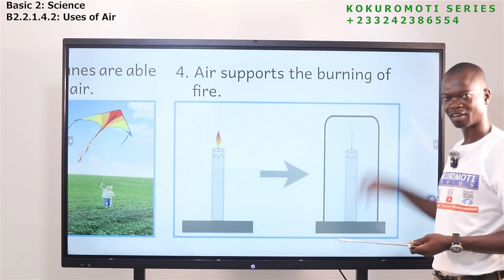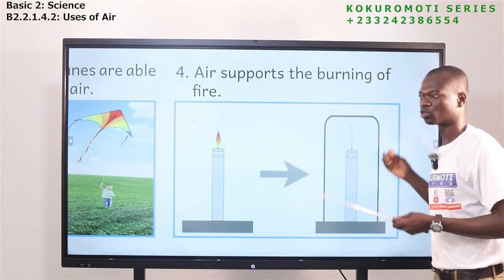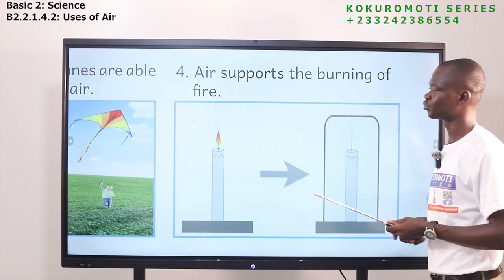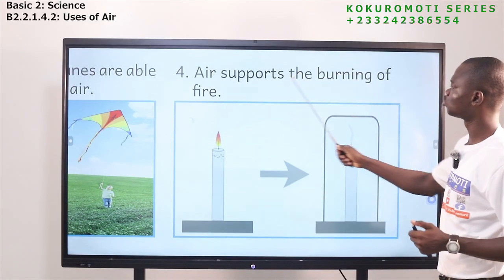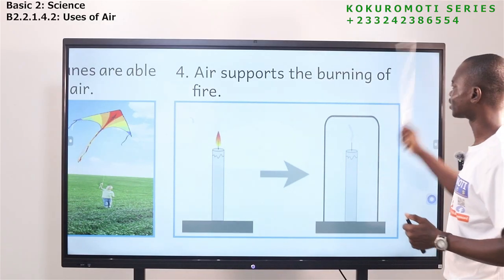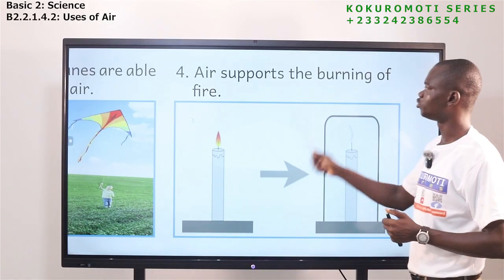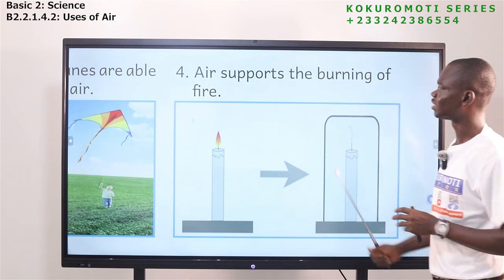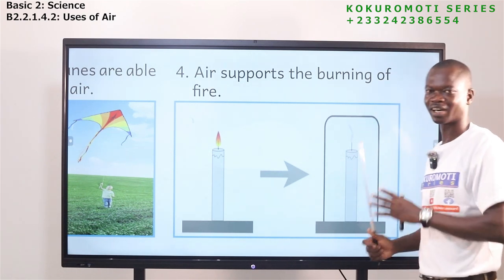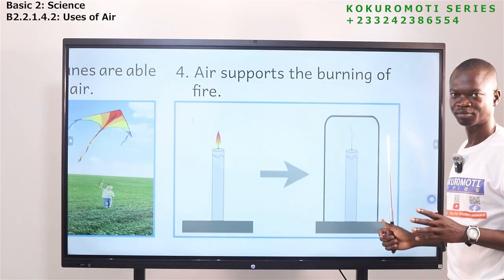Remember to cover that thing with something that will not allow air to pass through. So air supports burning of fire. So if you don't want to support burning of fire, prevent that thing from air, and it will stop burning.